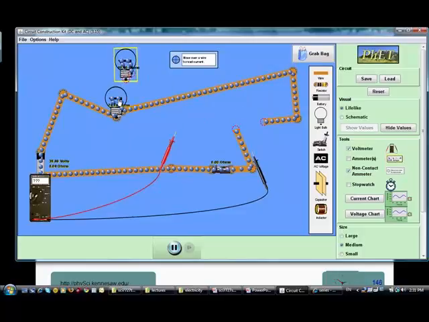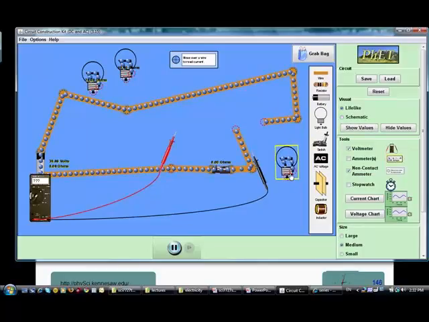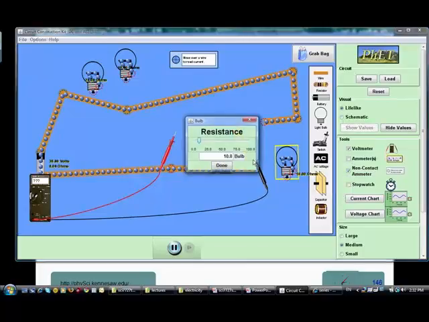And I'm going to remove this other light bulb. And replace them by one unique light bulb whose resistance is 30 ohms. So I'm going to type it up here, 30 ohms.